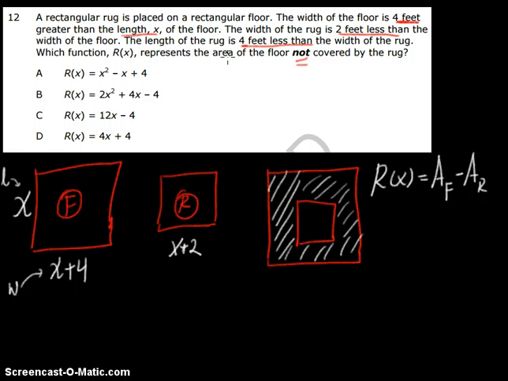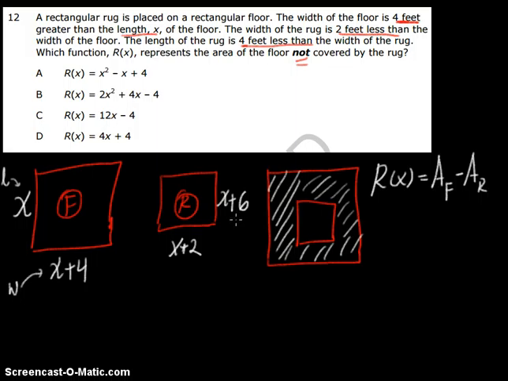And the last information that we need is the length of the rag, which is given right here. The length of the rag is 4 feet greater than the width of the rag. So if the width of the rag is x plus 2, then the length is going to be 4 feet greater than this, which is x plus 6.